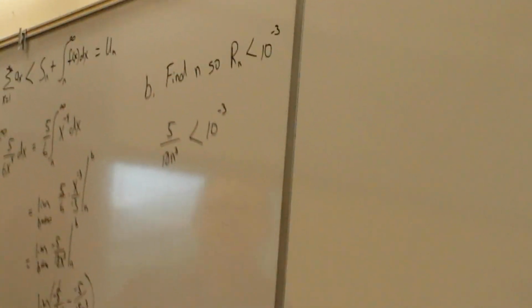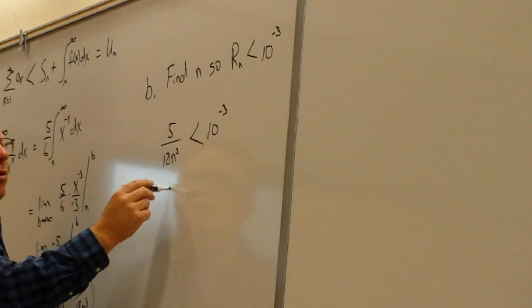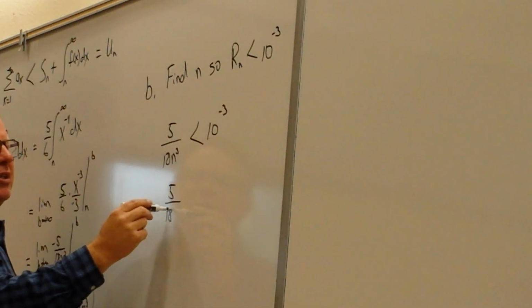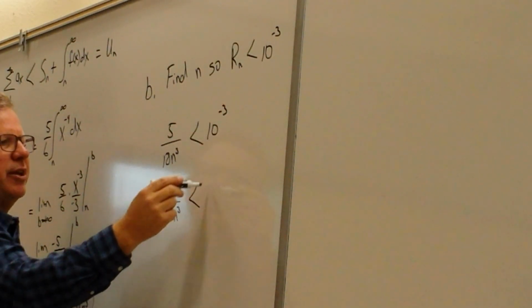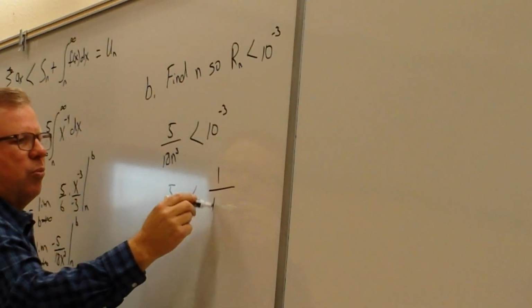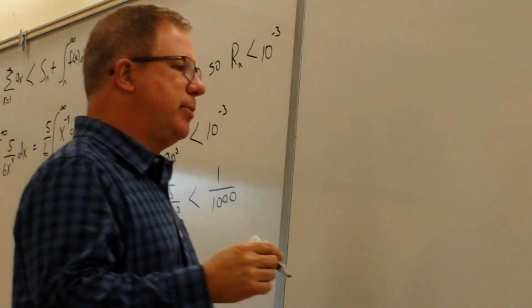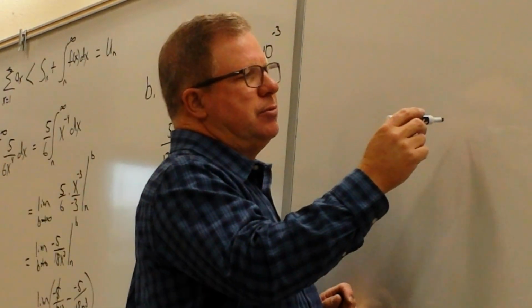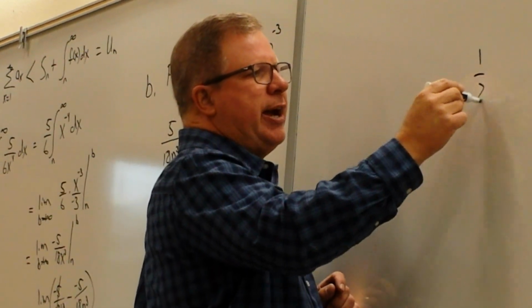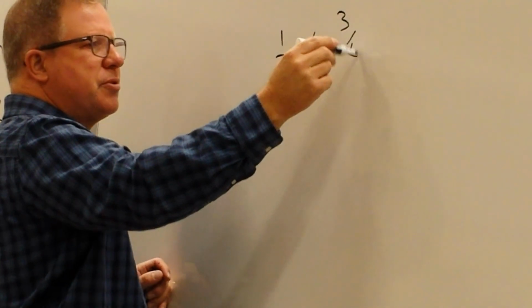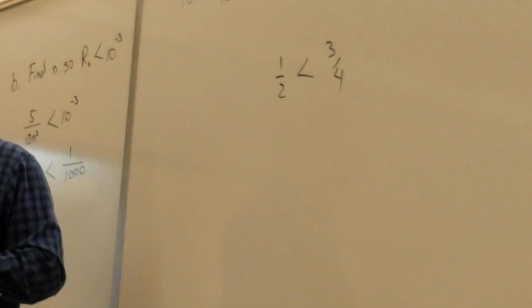Okay? So 5/18 n to the third is less than 1/1000. We need to solve this for n. Take the reciprocal of each side. Now, do you all agree that 1/2 is less than 3/4? Do you guys all agree with that?